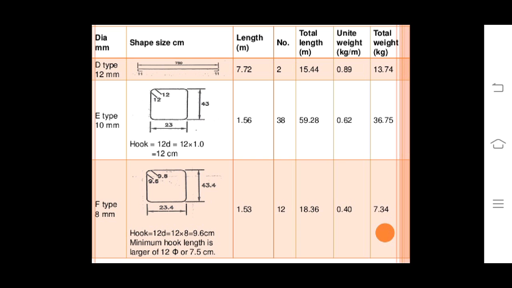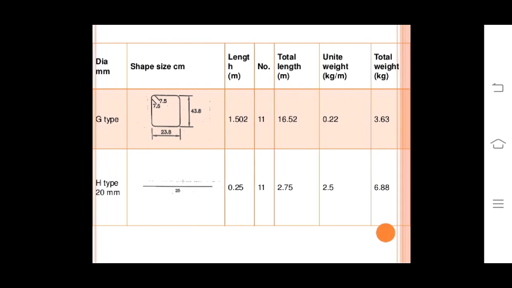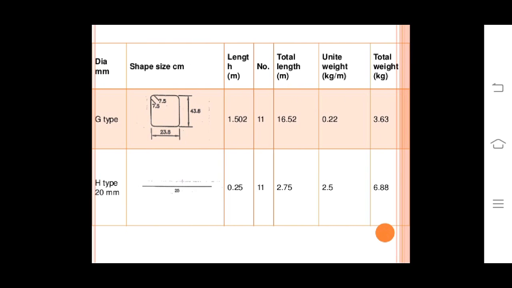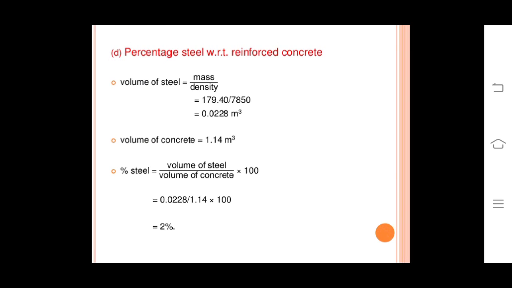For F type, that is 8 Ø stirrups, the total weight of stirrups required is 7.34, and for 6 Ø stirrups the total weight required is 3.63, and for 20 Ø pin bars or pin rods the total weight required is 6.88 kg. Therefore the total weight of bar can be calculated by adding all these weights in kg.